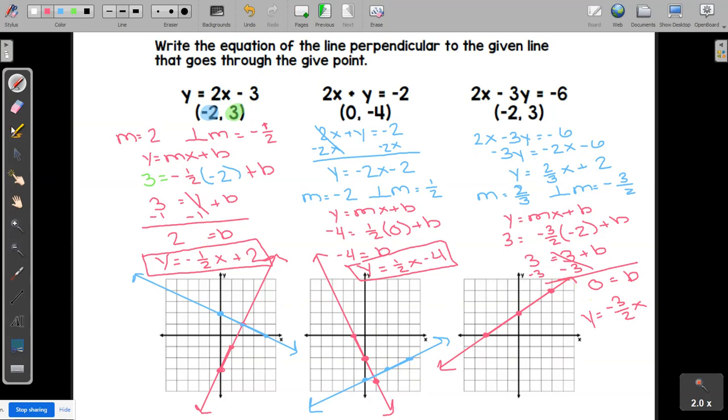So we have -3/2 x, and then our b was 0. So we're going to start at our y at our origin of 0. And then we are going to go down 3 to the right 2. So down 3 to the right 2. Or we can go up 3 to the left 2. Draw your line.